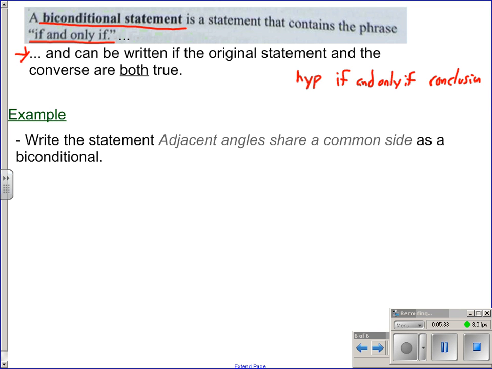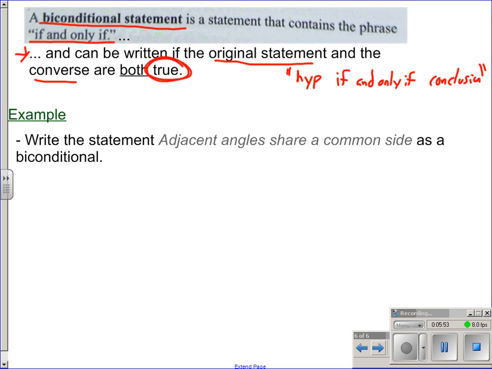All right, and because you could read it in either direction, that's kind of what the if and only if means. You could write the conclusion, if and only if the hypothesis. It means the same thing because the original statement and the converse were both true. But this is what our statement is going to look like.